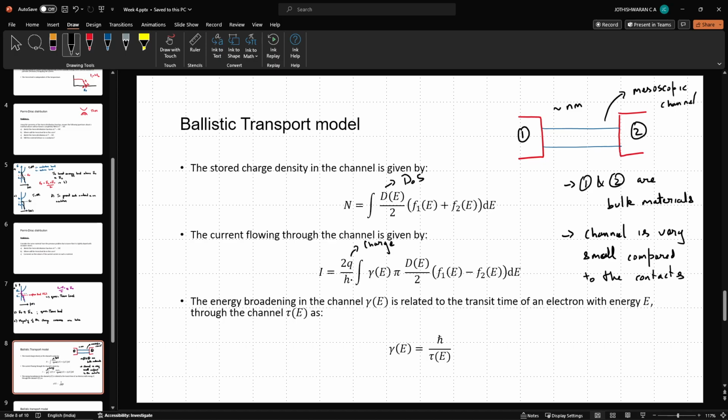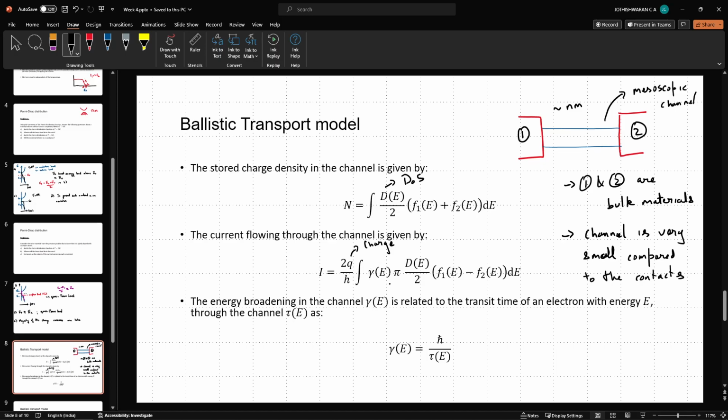So 2q by h, where h is the Planck constant, times the integral of gamma of E by 2 into F1 of E minus F2 of E, integrated over all available values of energy. Now this gamma of E is what is called the energy broadening in the channel.